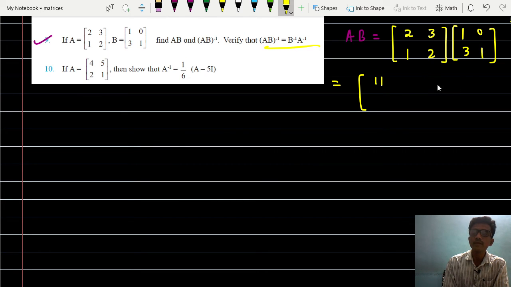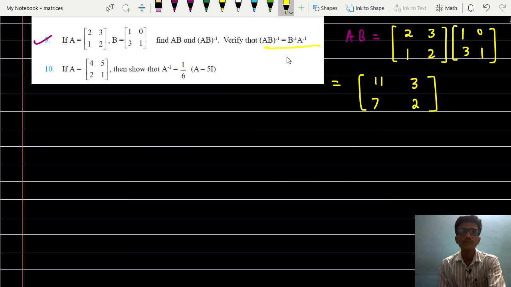First row into second column 0 plus 3. Then second row into first column 1 plus 6. Second row into second column 0 plus 2. ये होगा AB matrix.